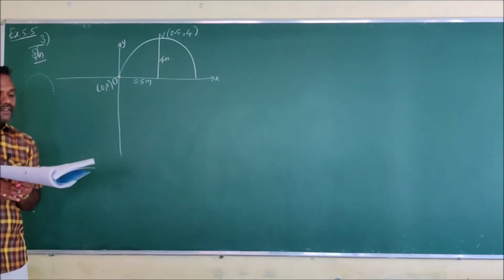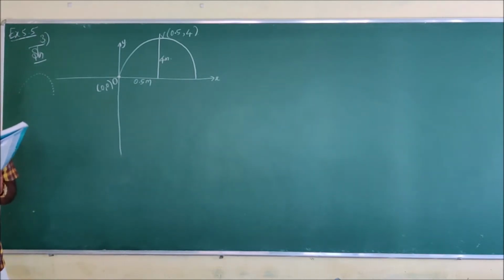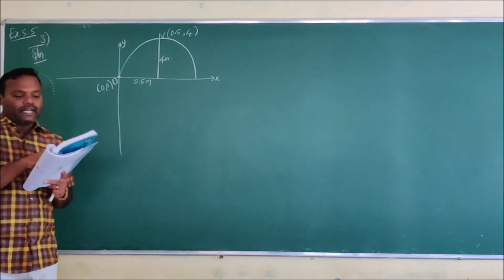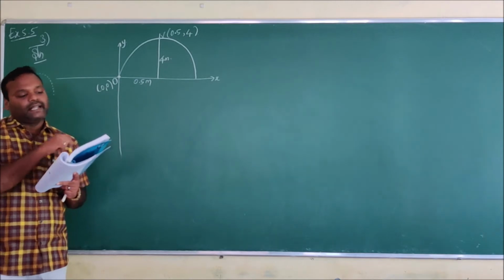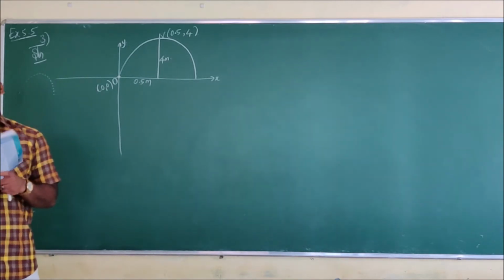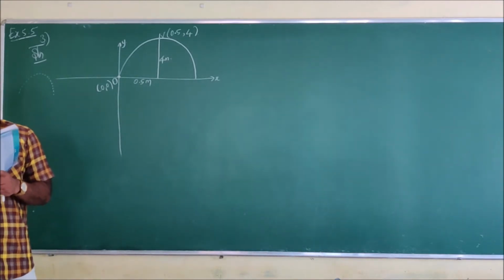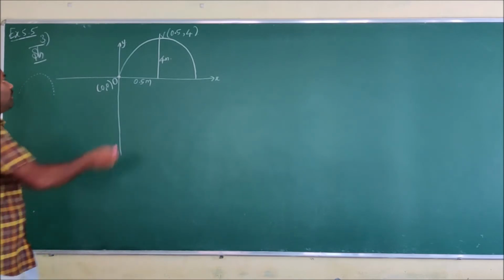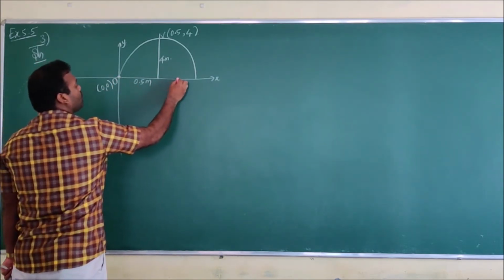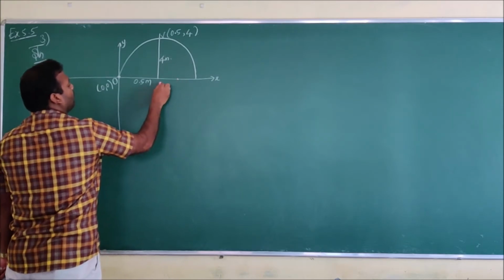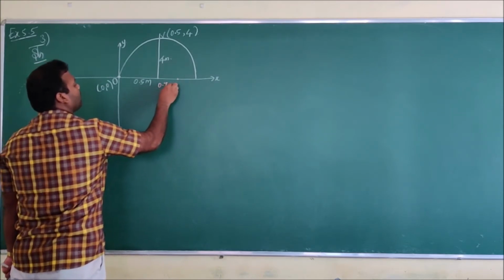Next, what are we asked to find? If the path of the water is a parabola, find the height of the water at the horizontal distance of 0.75 meter from the point of origin. So from the point of origin, you have to go to the distance of 0.75.